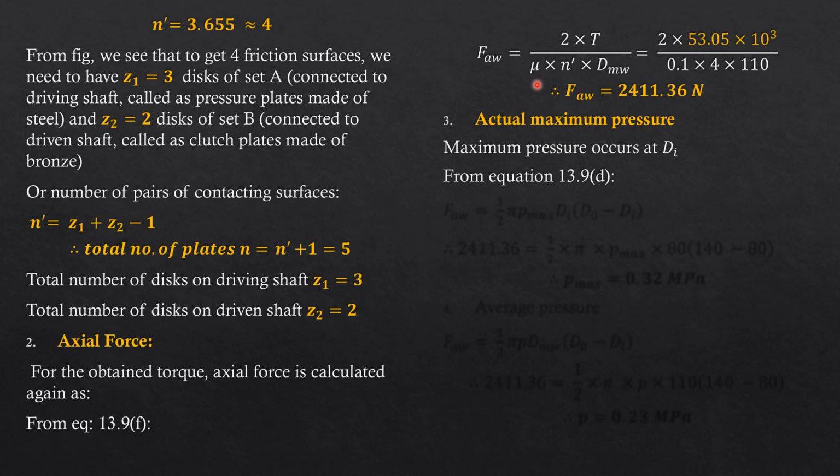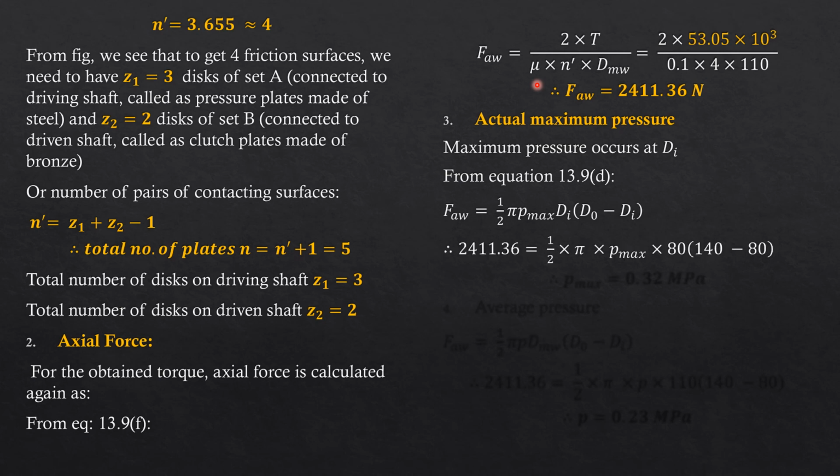Therefore maximum pressure occurs at D1. Now we have formula for uniform wear 13.9D, which gives us the axial force as equal to 1 by 2 pi P max di into do minus di. Right. Now in this formula, axial force we have obtained as 2411.36. You know all the other factors but the maximum pressure P max. Solve for the maximum pressure and you will get it as 0.32 megapascal, which is the maximum pressure.